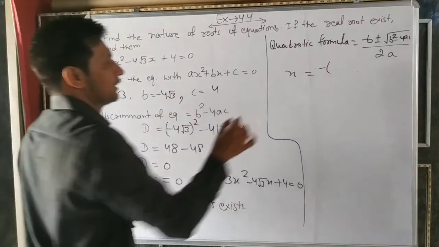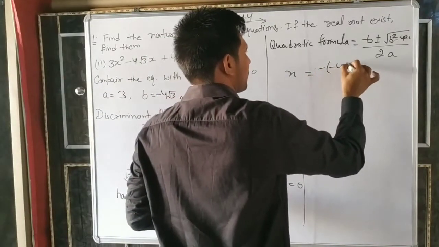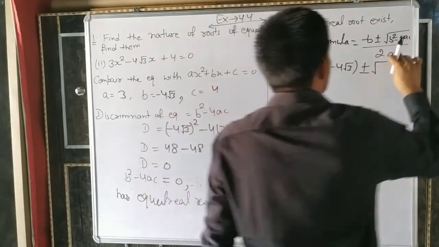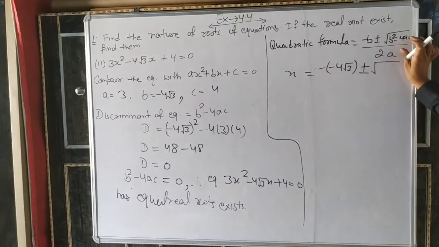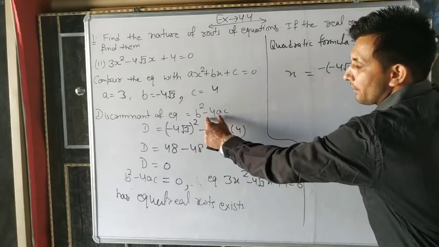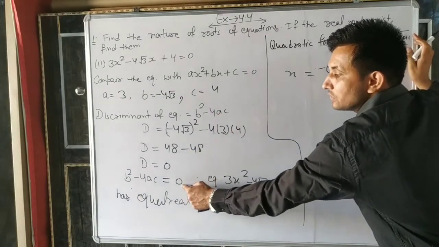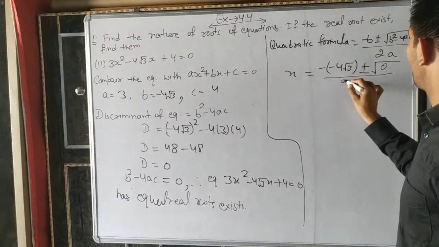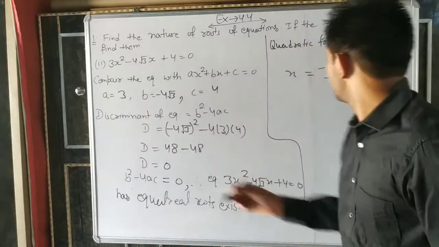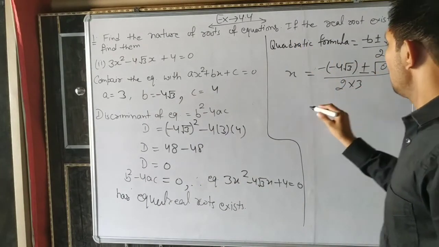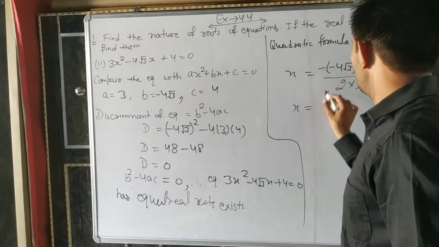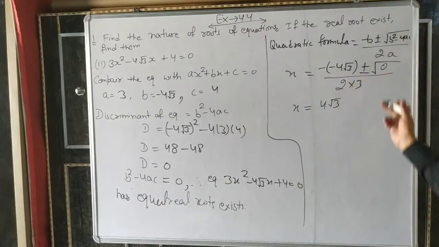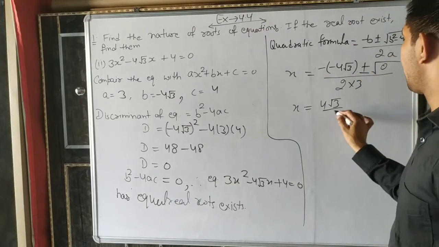B is minus 4 root 3, and plus or minus under the root b square minus 4ac, and b square minus 4ac we have already found. What is its value? It is 0. So directly you can put it, and 2 into a. A is how much? 3. So x equal to negative into negative is positive, 4 root 3 plus or minus 0, divided by 6.